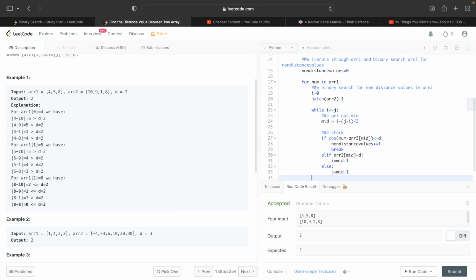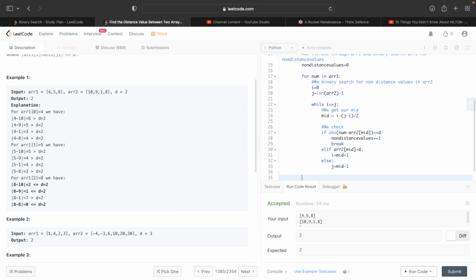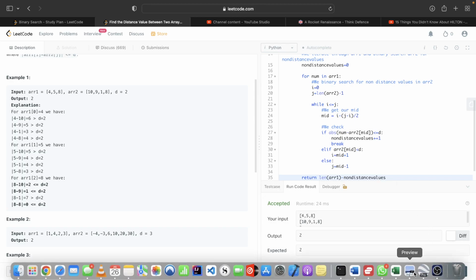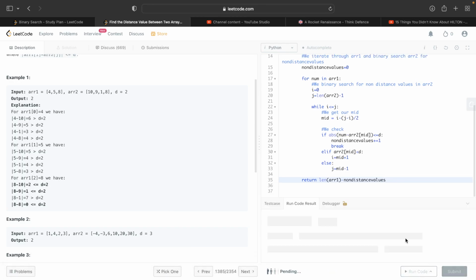So we're just binary searching for each value, and then we simply return length of arr1 minus non-distance values.